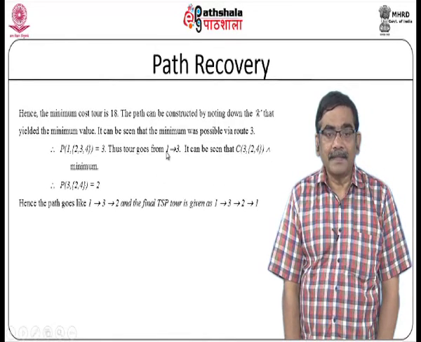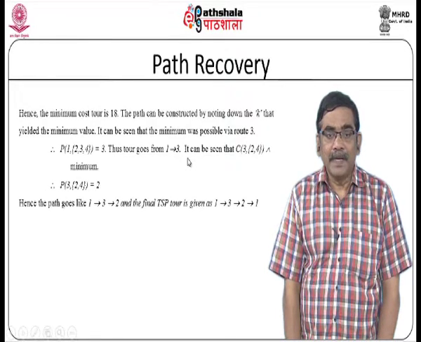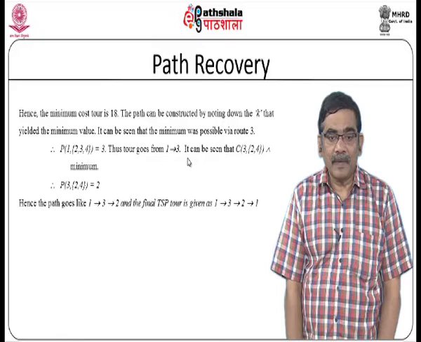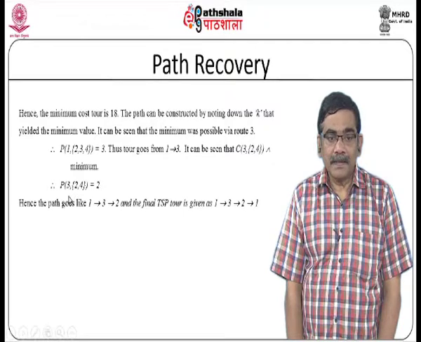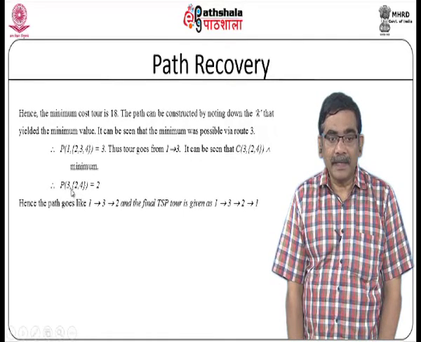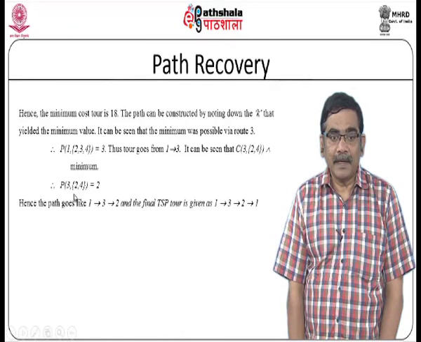So, that means if we keep on tracking that, you can see that the path is recovered. So, now the path goes from 1 to 3. Now, we have to see from 3 which path gave the minimum, which was P of 3 comma 2 comma 4. So, therefore, now you have come to a conclusion that from city 3 we have to visit 2.